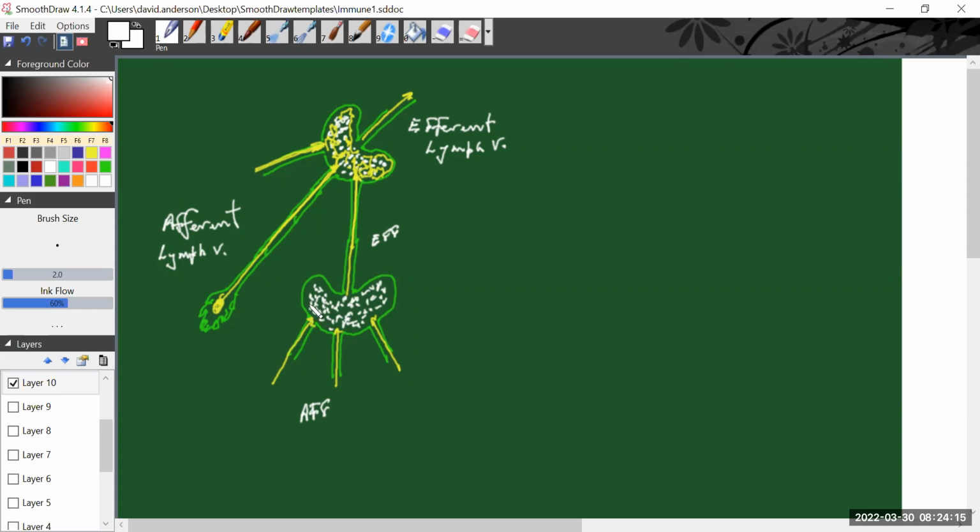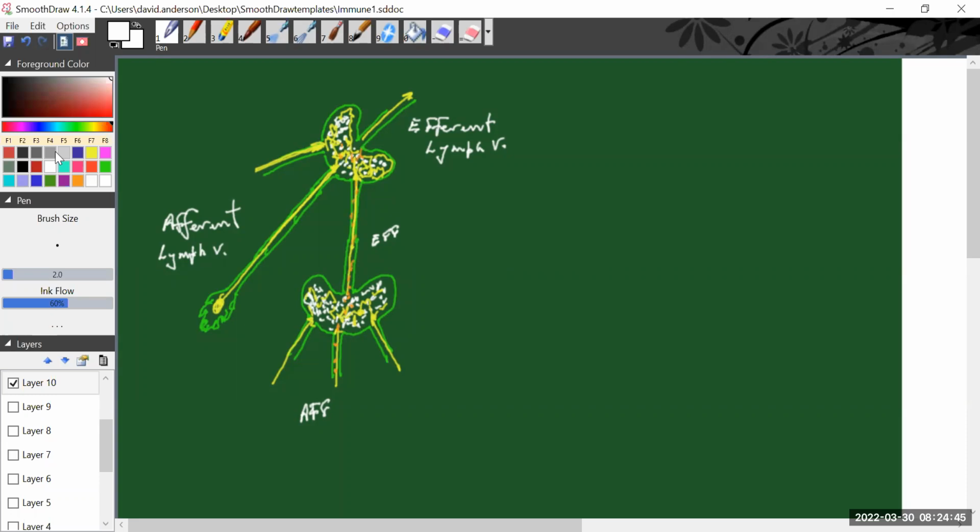So if some of the lymph that's in here escapes with some virus cells, let's make the virus cell this orange color. Well, a virus is not actually a cell, but let's say we're carrying a virus into the lymph node. If it somehow got past this lymph node, it's going to be delivered to the next lymph node. And it's probably not going to get through all the lymph nodes in a chain.